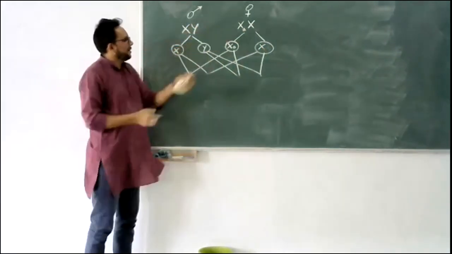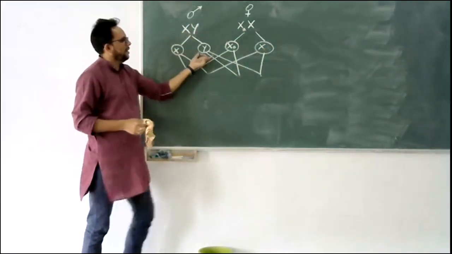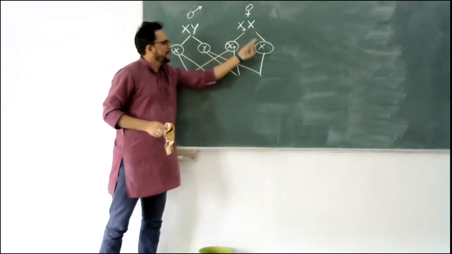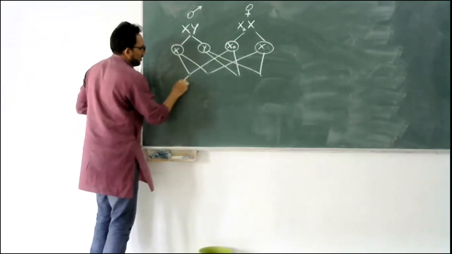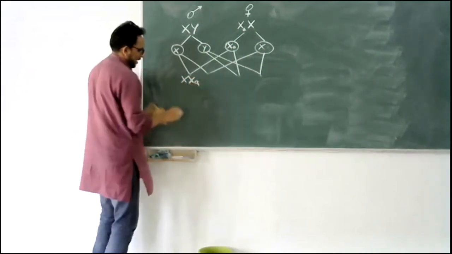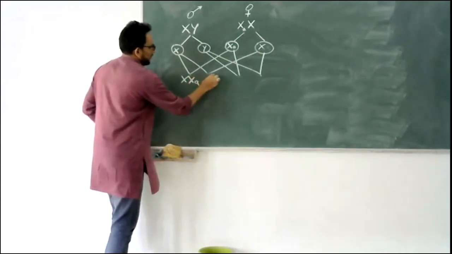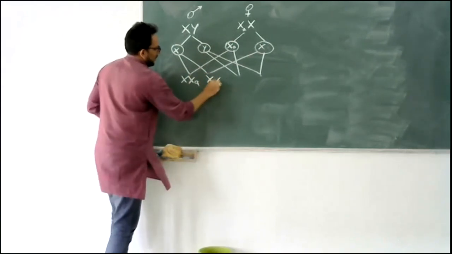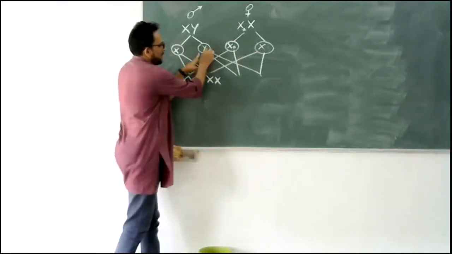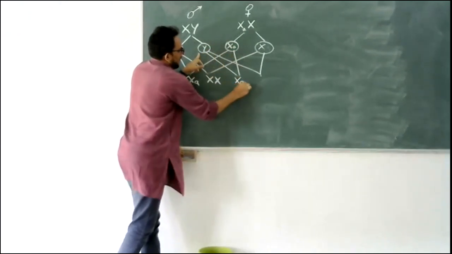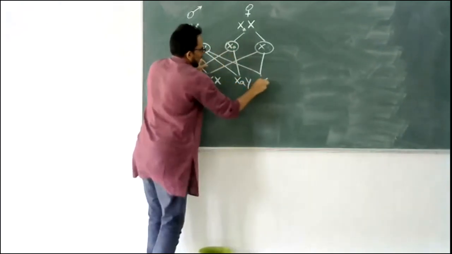So same thing remains. XY will be X and Y. XA one gamete and normal X as another gamete. Possibility of combination here is XAX, then X without any, that is this gamete. Then Y will combine with XA, XAY and XY.